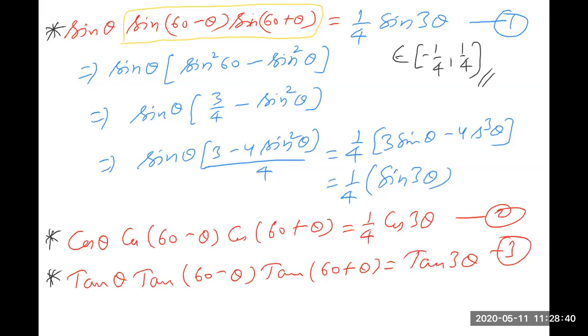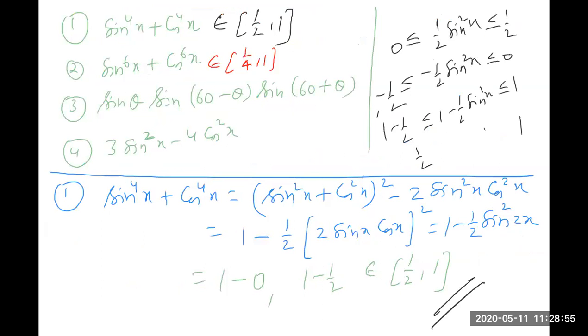Sorry: 1 upon 4 sin 3 theta, 1 upon 4 cos 3 theta, 1 upon 4 tan 3 theta. So I'm going to that question again, what I have written here. So this belongs to minus 1 upon 4 to 1 upon 4. The answer of this question is: belongs to minus 1 upon 4 to 1 upon 4.